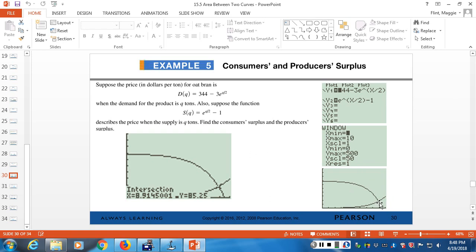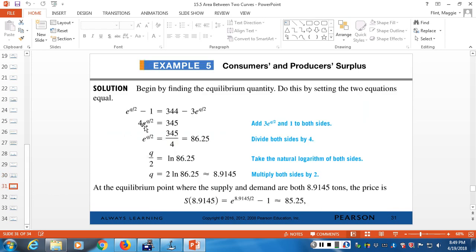So when I found this intersection point here, using the calculator, the intersection point is 8.9145, and that means that this is 8.9145 tons of oat bran, because that's quantity, at $85.25 per ton. Now, this is the algebraic solution, which I did not do. That's why I showed you the calculator first.